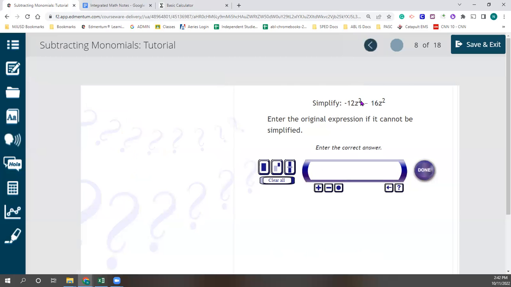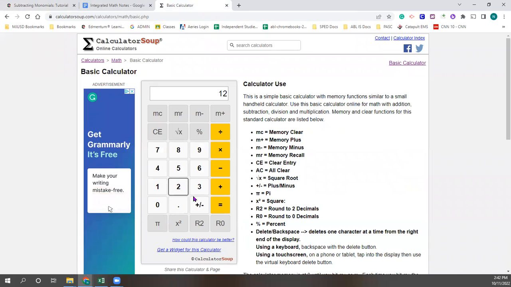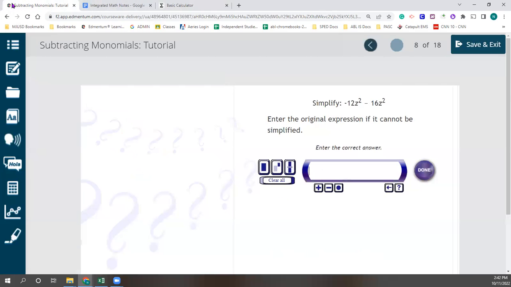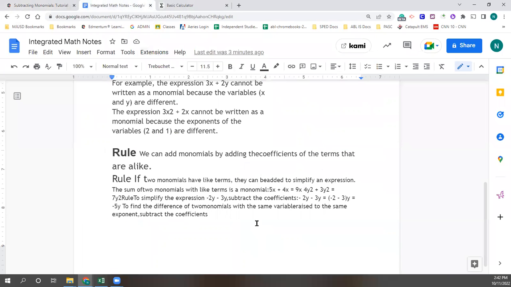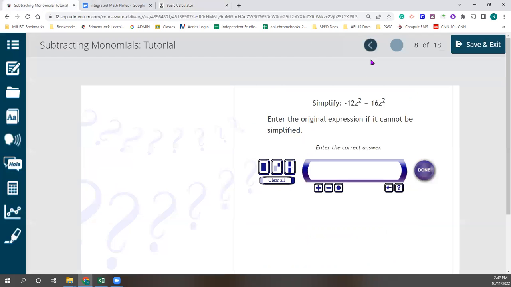Negative 12z squared minus 16z squared. Okay. That negative minus a number, I'm going to put that in the calculator. 12 negative minus 16, and that's positive 16. So minus 16 equals negative 28.